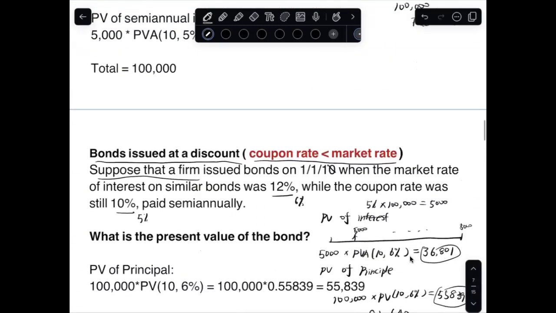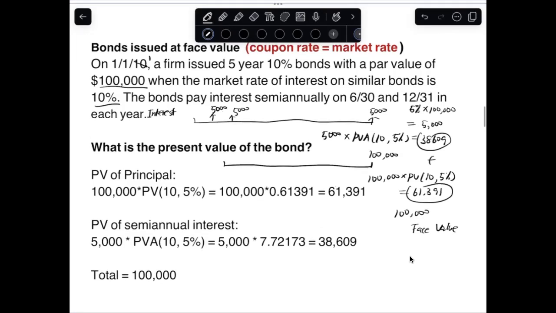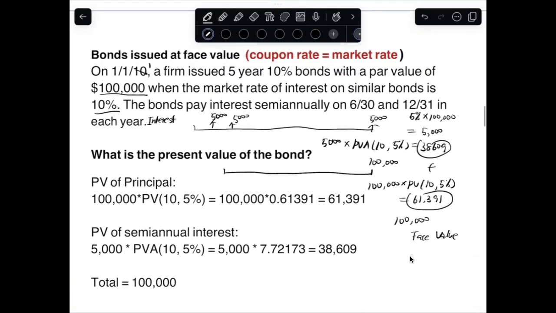Let's go back to the first example, and let's make a journal entry regarding this scenario. The bond is issued at the face value. The bond price is 100,000. The issue price is 100,000. So the company gets 100,000 cash.